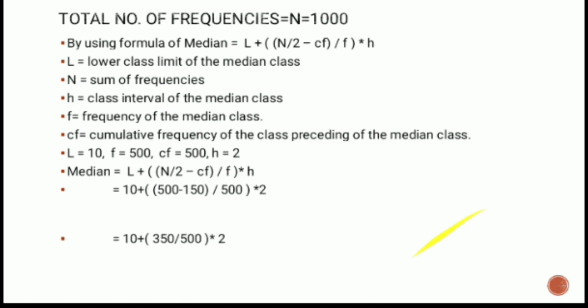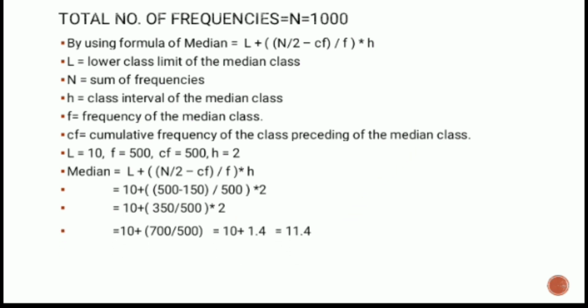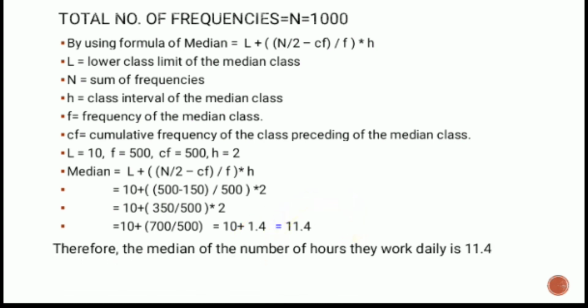After that, just subtract: 500 minus 150 gives you 350. Multiply 350 into 2, that gives you 700. So 10 plus 700 divided by 50, which gives you 10 plus 14.